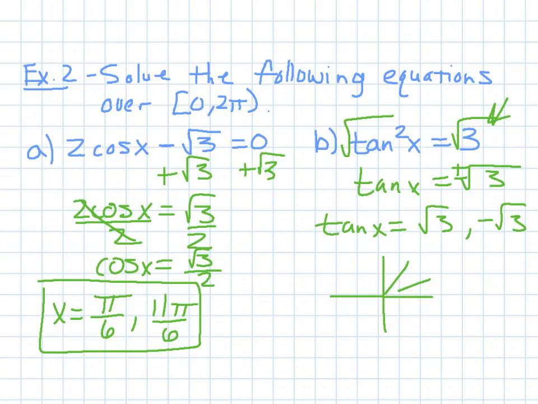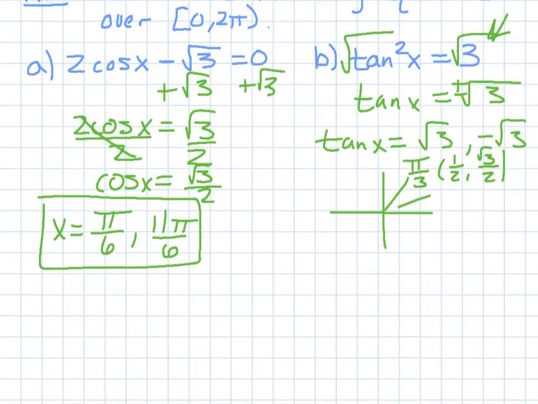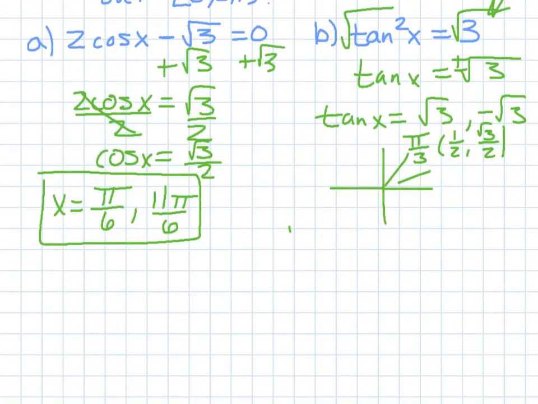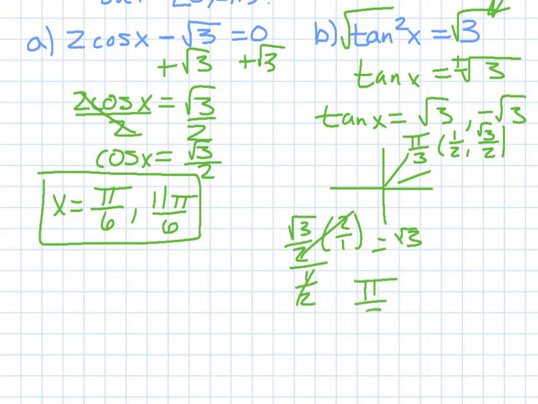Okay, so let's try pi over 3 first this time. So that point is 1/2 comma square root of 3 over 2. So for that one, if I'm dividing square root of 3 over 2 over 1/2, I'm multiplying by the reciprocal. That gives me square root of 3. Okay, so I'm looking for that ratio everywhere. So pi over 3 is one answer.